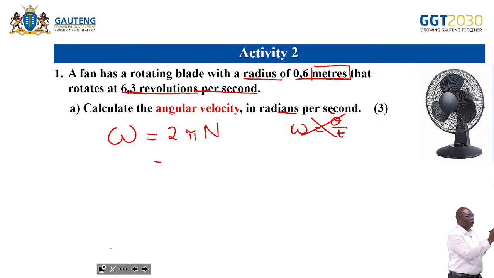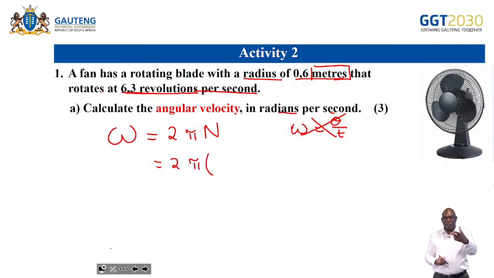So now I'm going to substitute into my 2 pi. The only thing that you substitute in angular velocity is your number of revolutions, so that will be 6.3 revolutions per second. I'm fine with that.